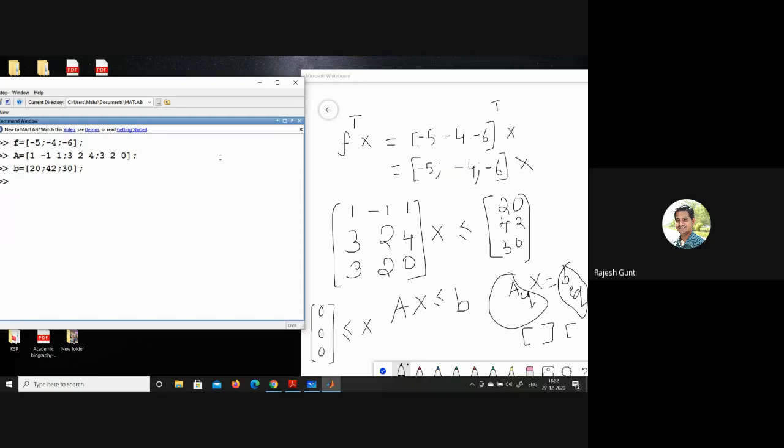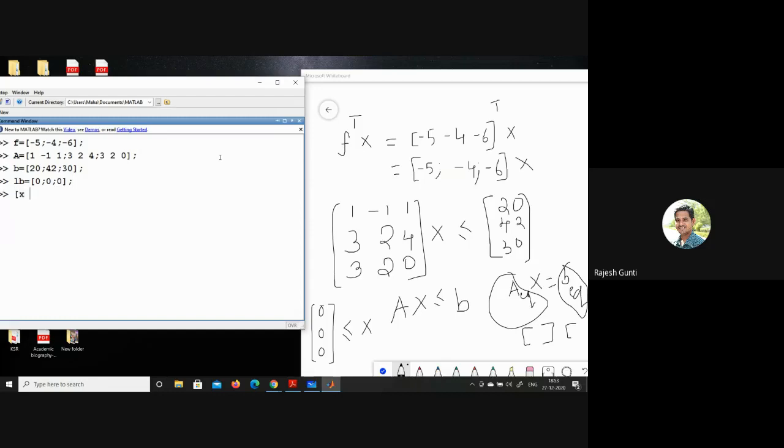The lower bounds will be, two ways we can write it: 0; 0; 0, or otherwise zeros of 3 comma 1.